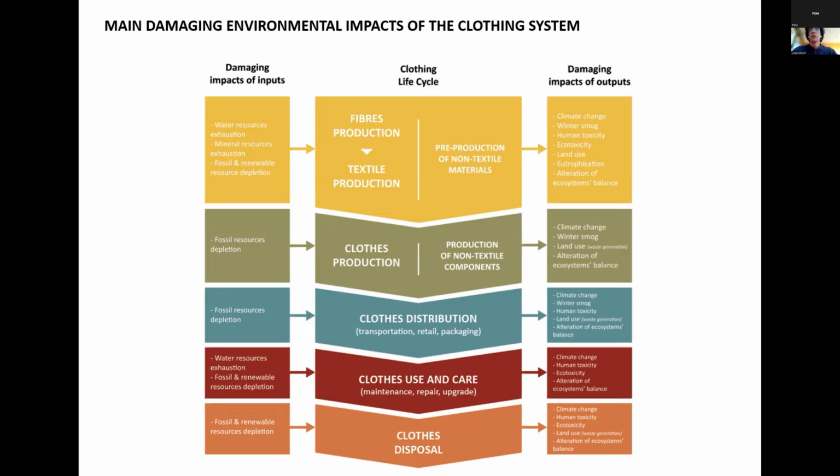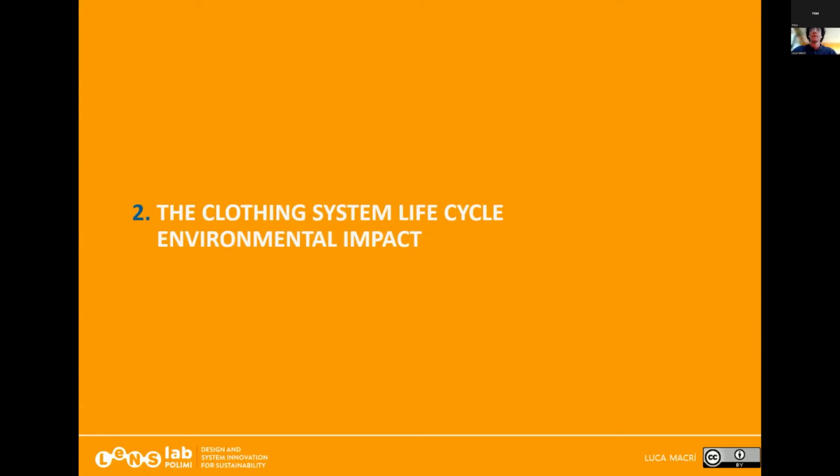So maybe you can see also at a glance how the inputs and outputs are distributed. So let's try to understand phase by phase what are the processes and how is the impact of the clothing system.